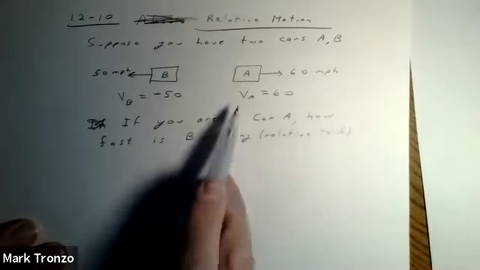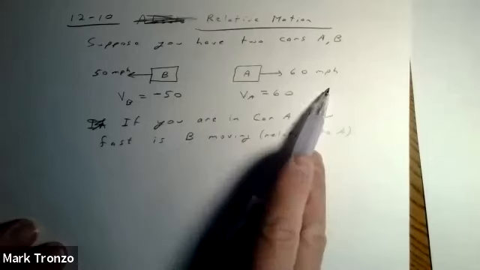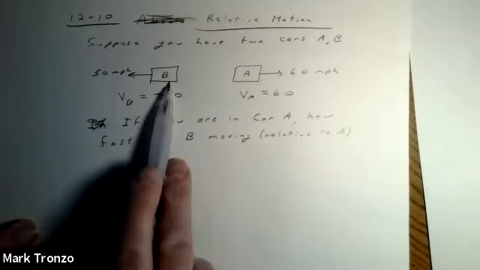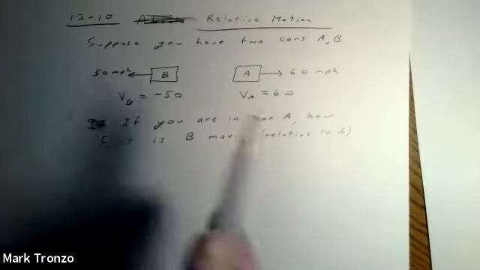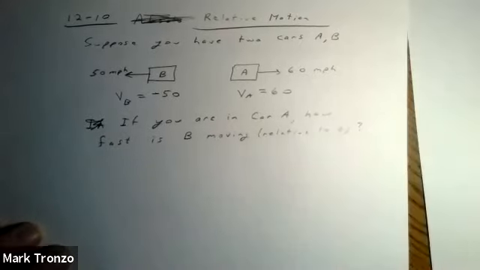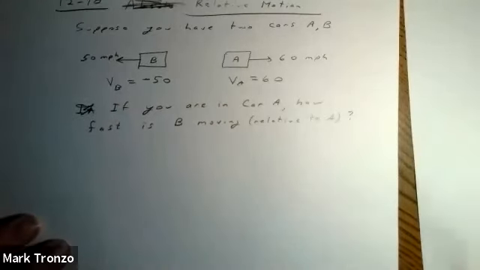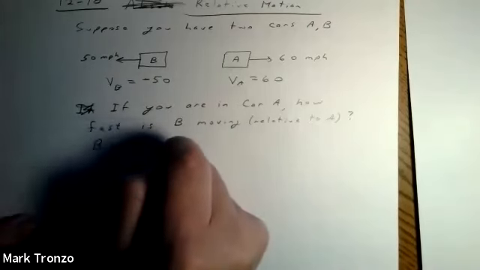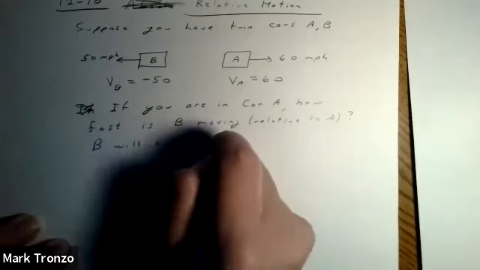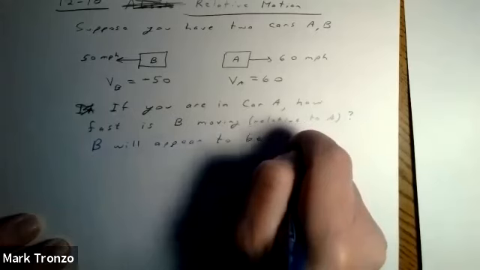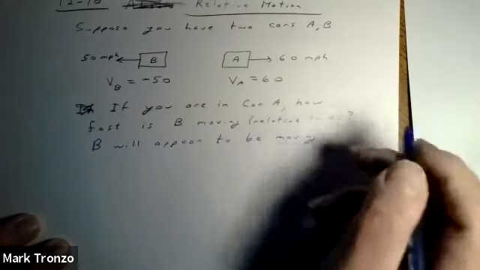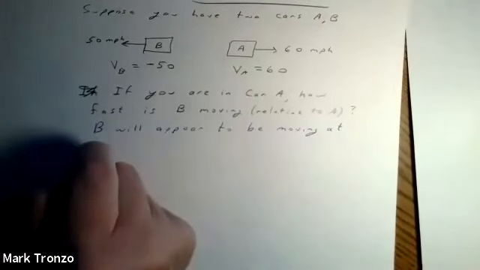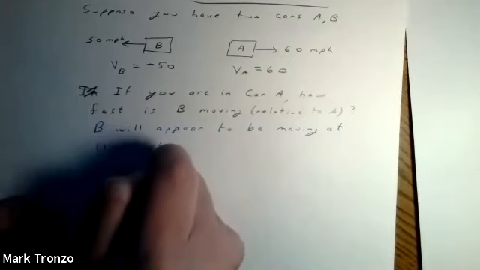So in other words, if you're seeing car A going 60 miles an hour this way, and car B is going 50 this way, it would appear to you that B is moving at 110 miles per hour.